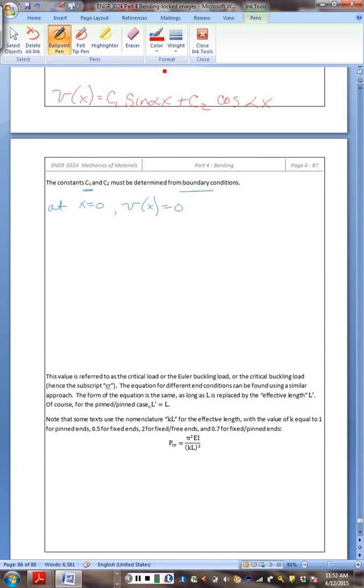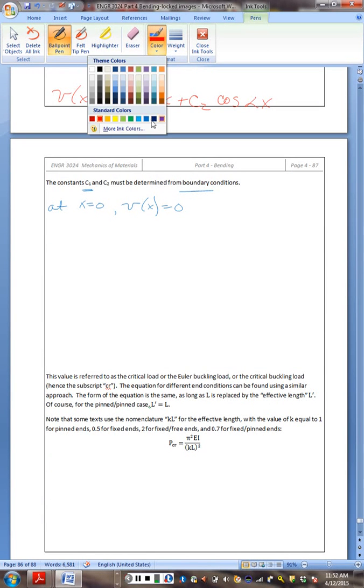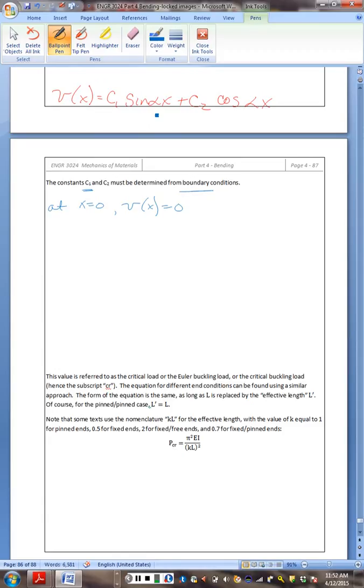Alright, so now back to our boundary conditions. We know that at the left support, the deflection is 0. So 0 equals C1 times sine of 0 plus C2 times the cosine of 0.